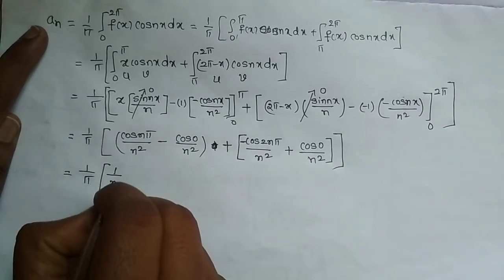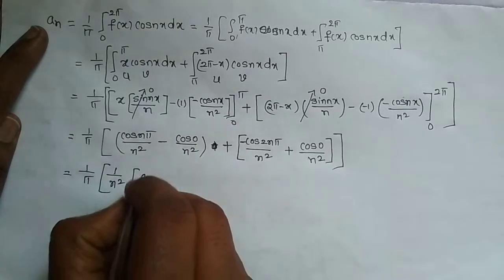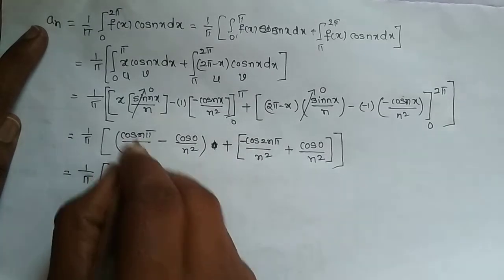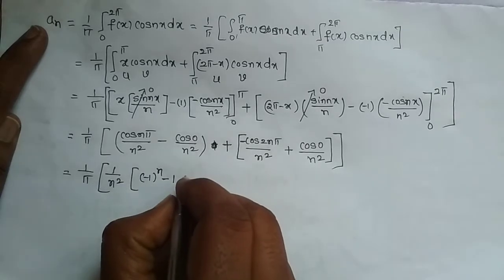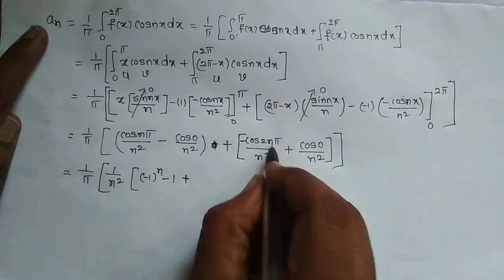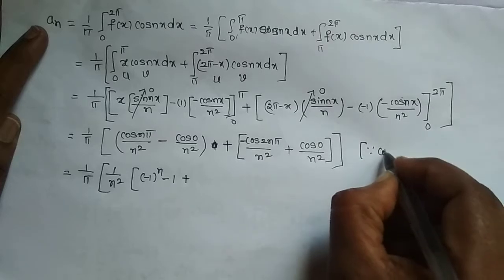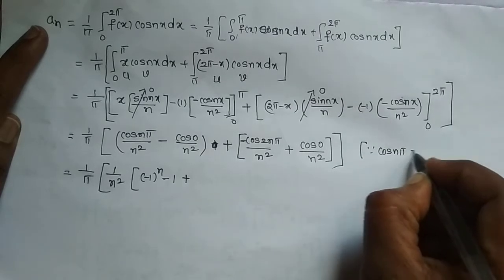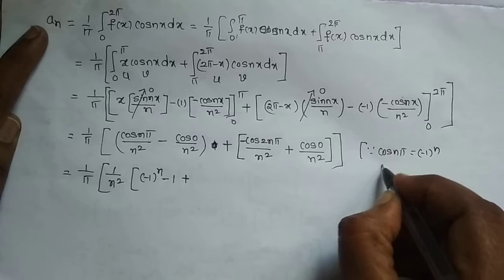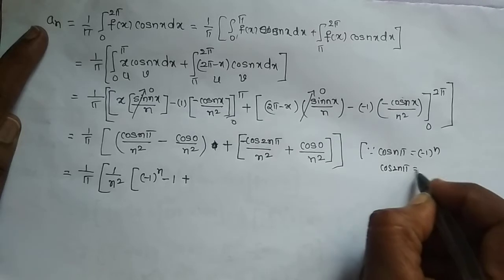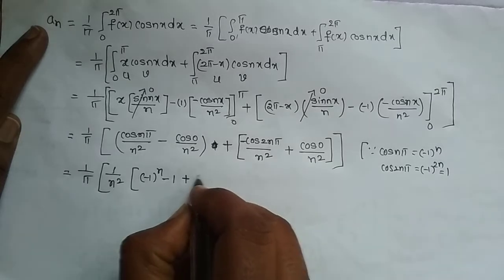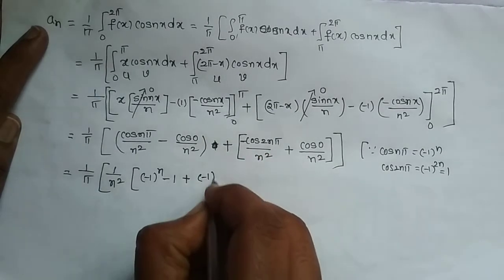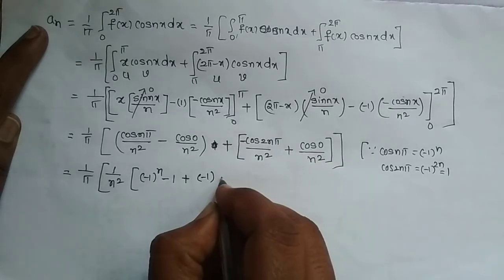This is minus 1 whole to the power of n, cos 0 is 1, plus cos 2n pi. Cos n pi is minus 1 whole to the power of n, cos 2n pi is minus 1 whole to the power of 2n, it should be 1. So that means cos 2n pi is 1. So already minus 1 is there, minus 1. Cos 0, 1.